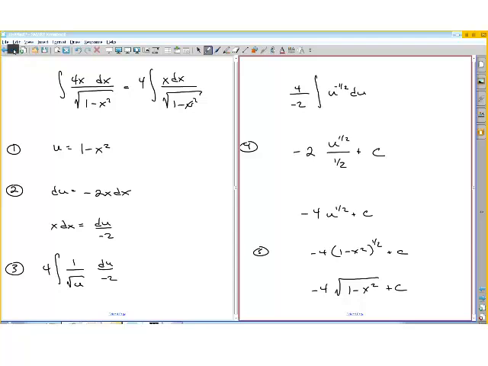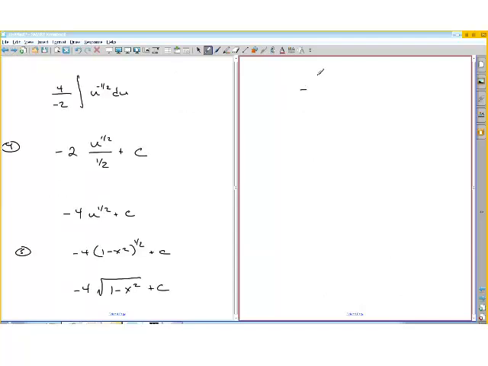The second integral was negative the integral of 3 dx over the square root of 1 minus x squared. So in this case, same steps, but slightly different because we're going to let u squared equal x squared.